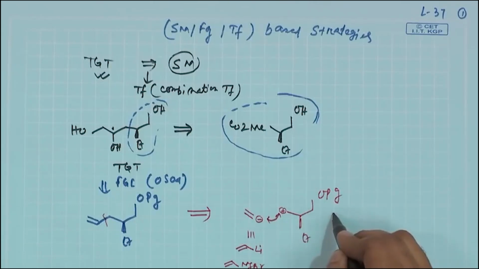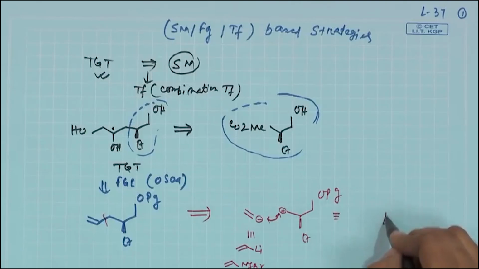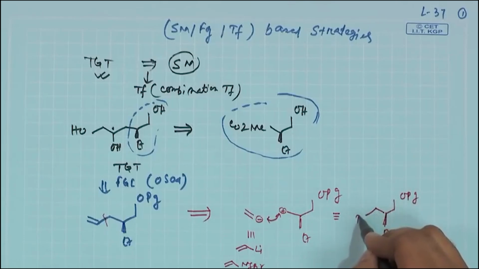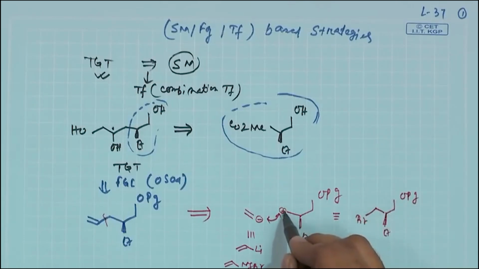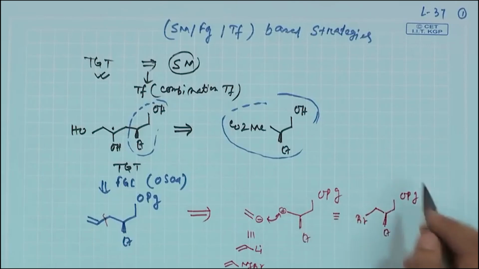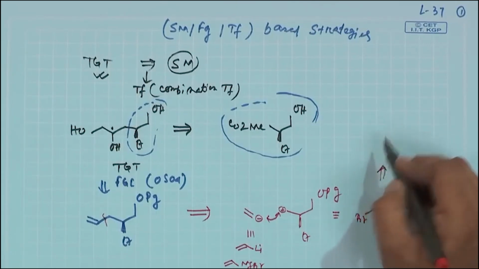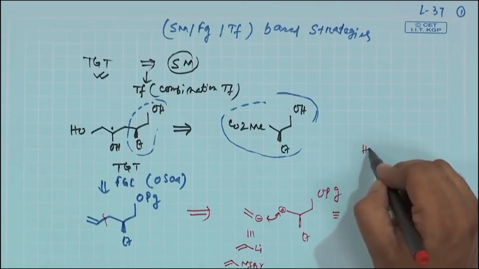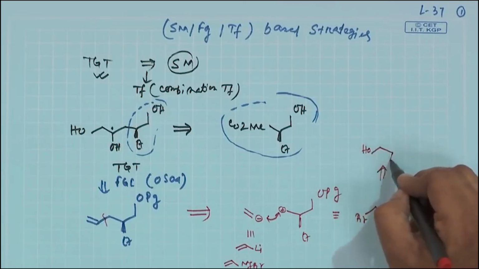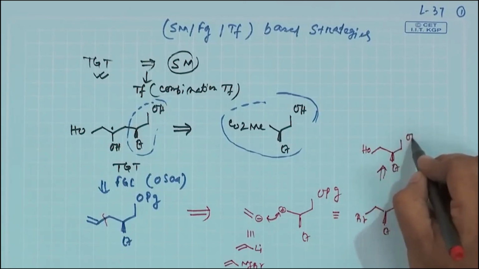Now, this particular fragment we will visualize in this way. If you have a compound like CH2Br or CH2I, which you can visualize as CH2 plus, the remaining part is all similar. Now, try to correlate. This bromo you can easily prepare through the corresponding alcohol.